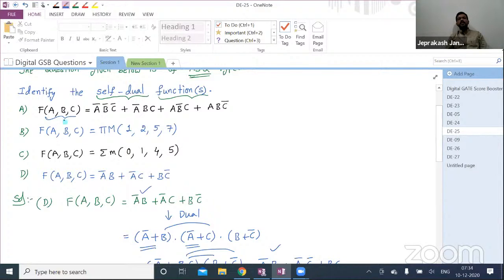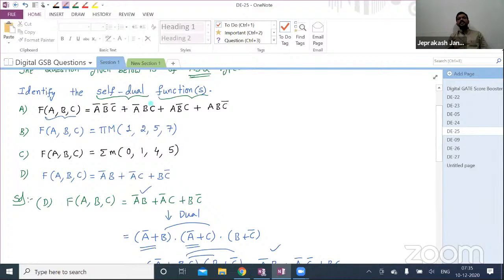But here if you observe, for the three variable case, if you follow the same approach, then definitely it will take more time. See, here also it is a function of three variables, but in each product term you're having 2 variables only. It is very easy to analyze whether it is self-dual or not.